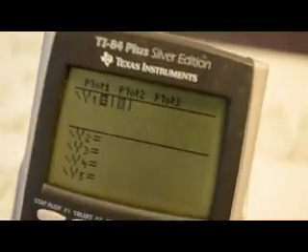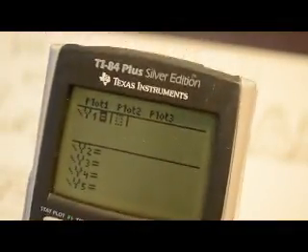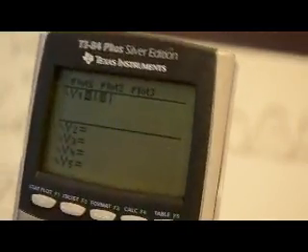Then inside the absolute value marks, plug in sine t squared, or I guess x, because there's no t. So sine x squared, close parentheses.